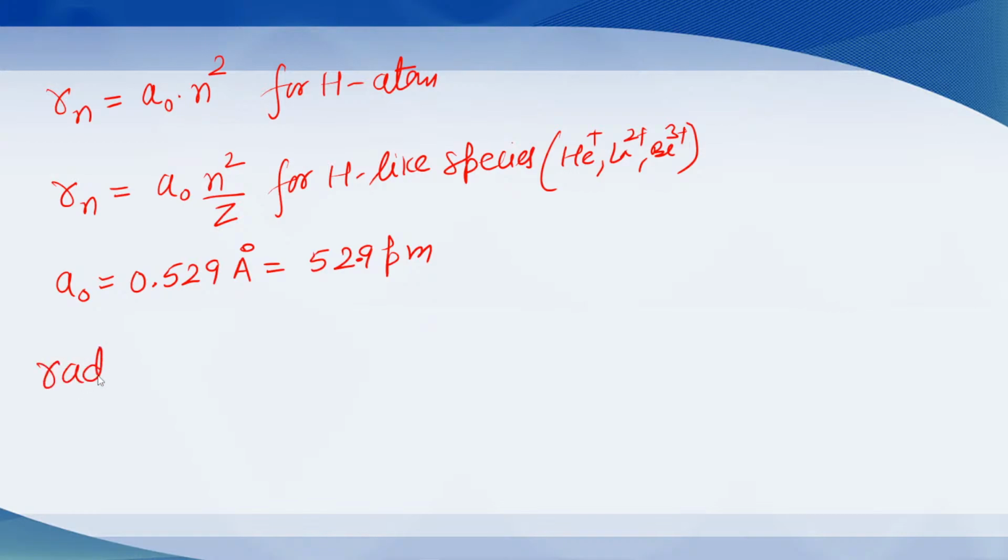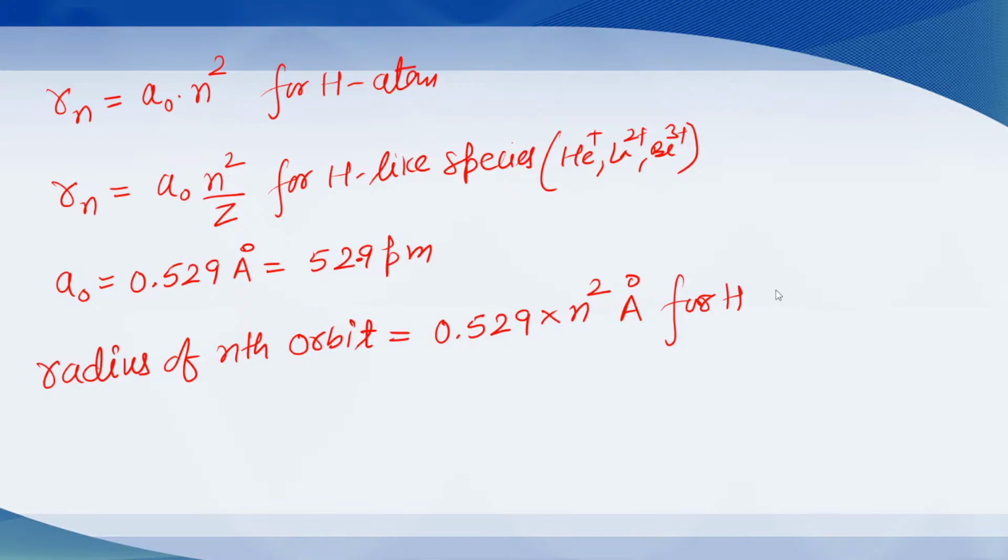That means the radius of the nth orbit is equal to 0.529 into n square angstrom for hydrogen atom, or it is equal to 52.9 into n square over Z picometer for hydrogen-like species.